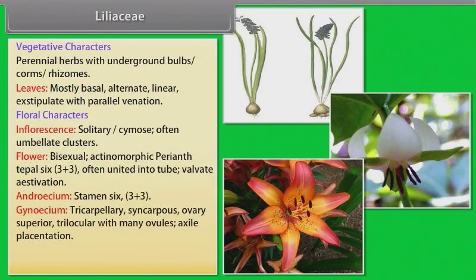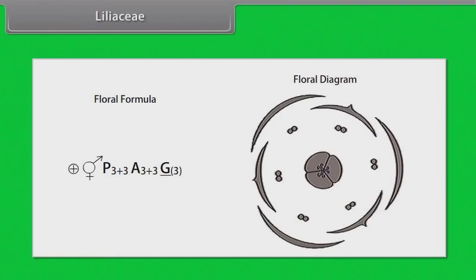Gynoecium, tricarpellary, syncarpous, ovary superior, trilocular with many ovules, axile placentation. Fruit a capsule, rarely a berry. Seeds endospermous. Floral formula is shown, and this is the floral diagram.